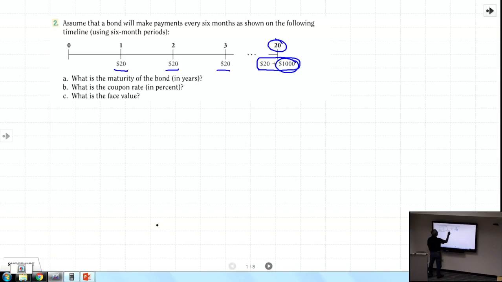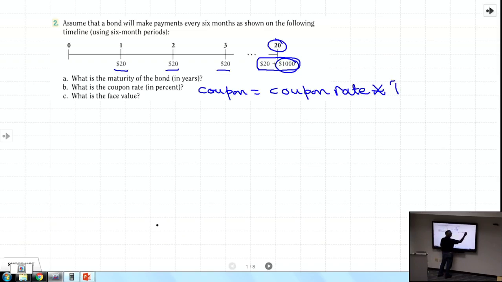What is the coupon rate in percentage? Coupon is a percentage of the par value. So coupon is coupon rate times par value. Coupon is 20. Coupon rate we do not know, times the par value.